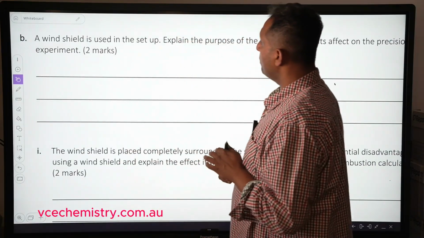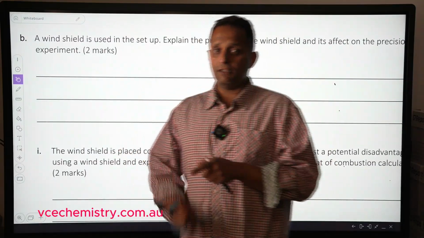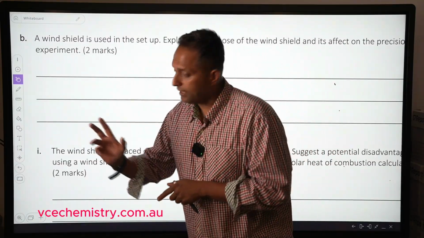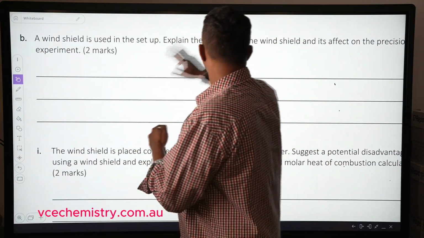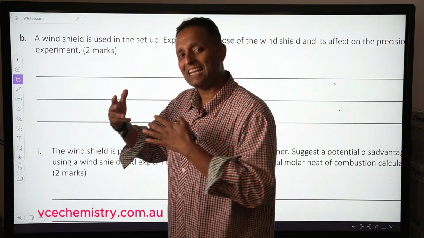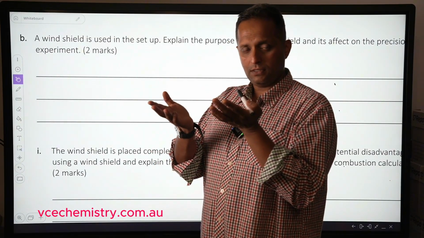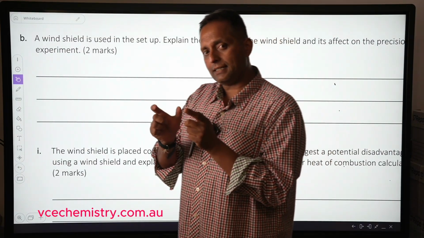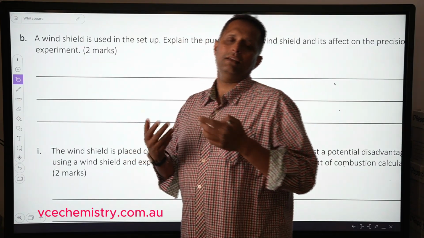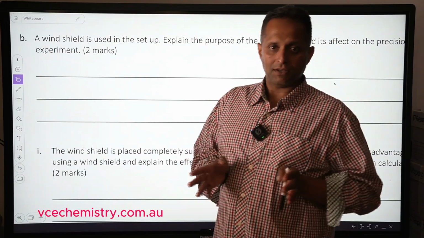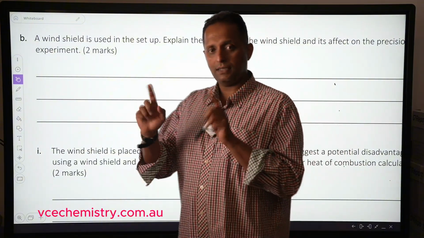So in order to get those 2 marks, firstly you need to say the function of the windshield, then link the function to precision, how it can improve the precision of the experiment. Precision is all about getting consistent results. In other words, you are trying to minimize the random errors. Now I will write a proper answer in the description.